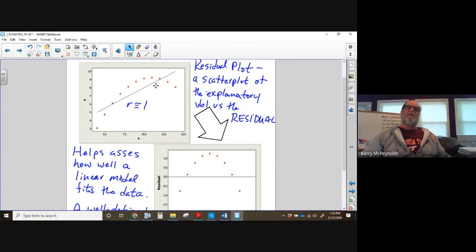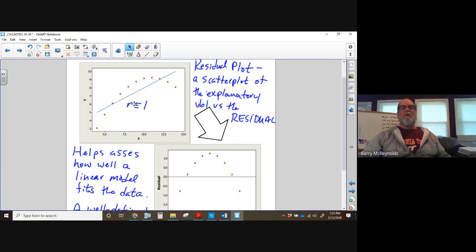And oddly enough, if you used your calculator with this set of red dots and calculated the least squares regression line, you would get an R value, a correlation factor, of approximately 1.